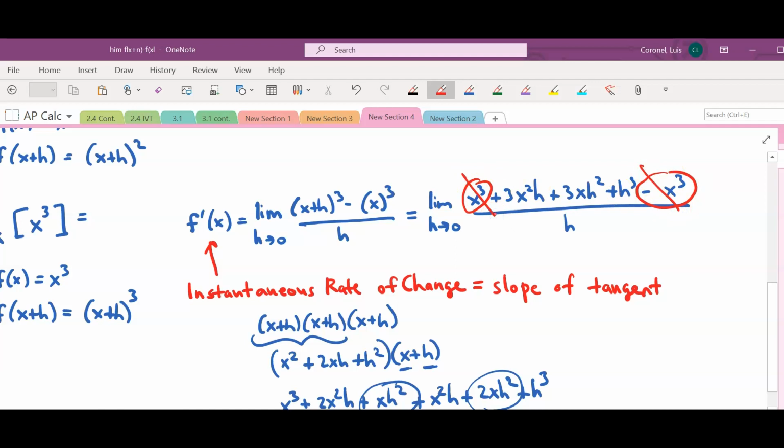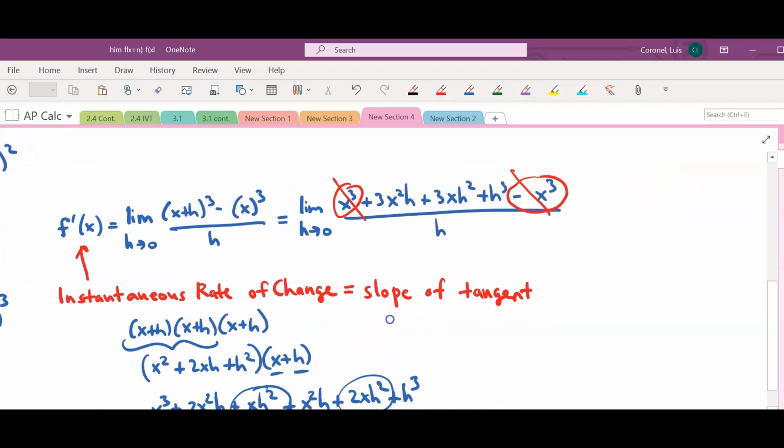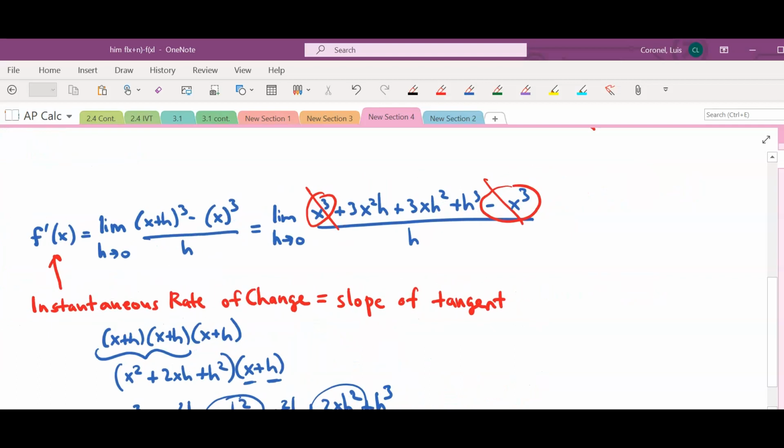And at this point you could do the butterfly method, which means every term that has an h can get divided by h. So this guy has an h, those are going to cancel. Bam. This guy has 2 h's at the top, so those 2 h's cancel. And we can divide the last term by an h as well. The h cubed becomes a square.